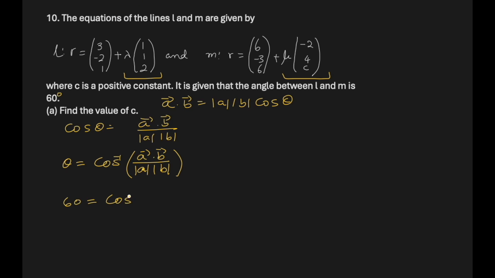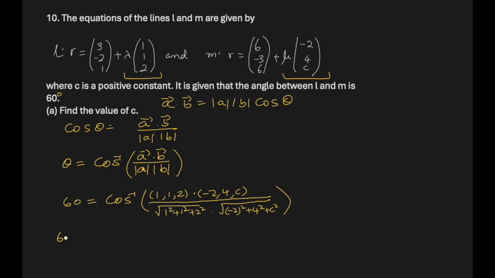Cos inverse, okay, A dot B. So this (1, 1, 2) dot (-2, 4, C) divided by the magnitude of this one, which will be 1 square plus 1 square plus 2 square, multiplied by the magnitude of this one, which is minus 2 square plus 4 square plus C square.